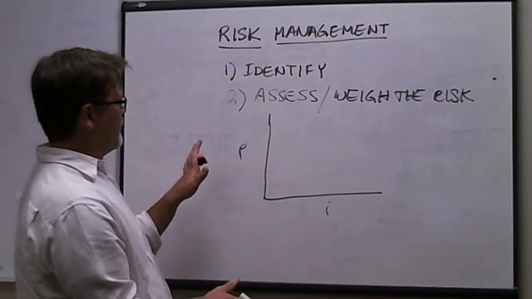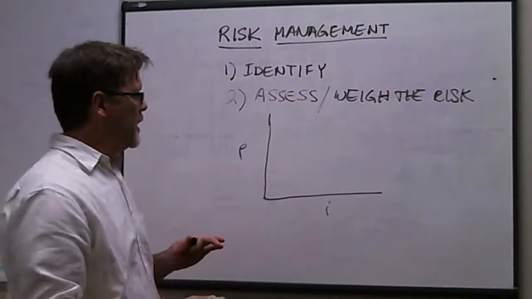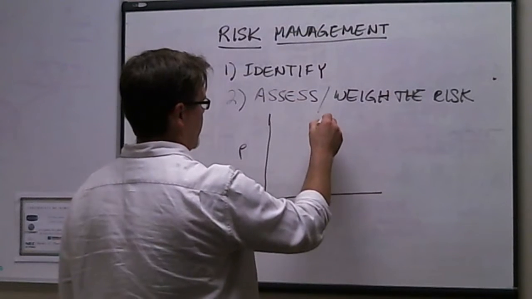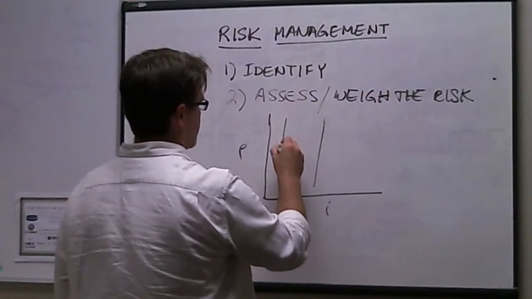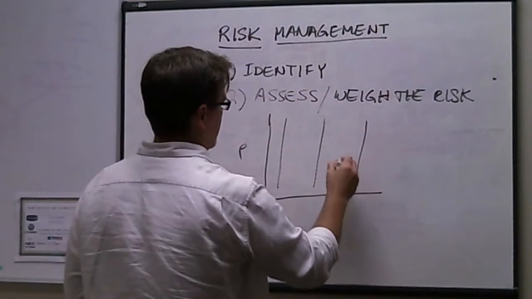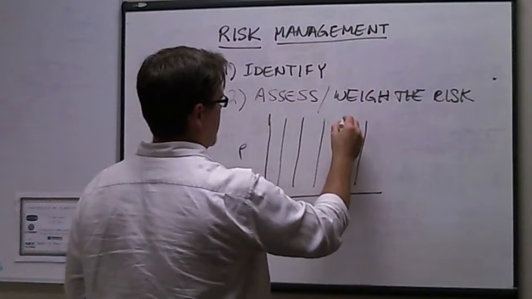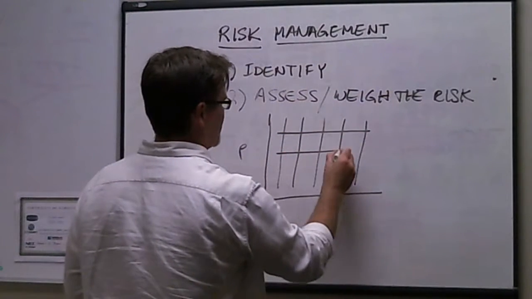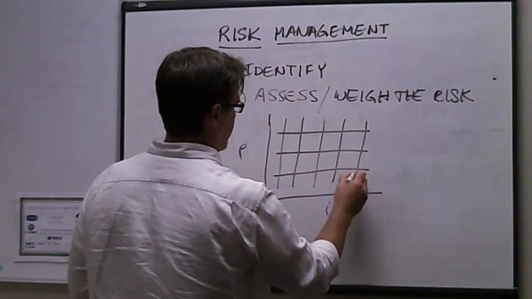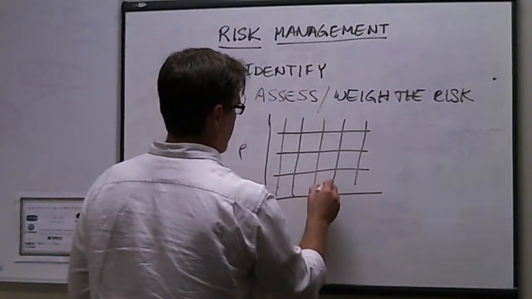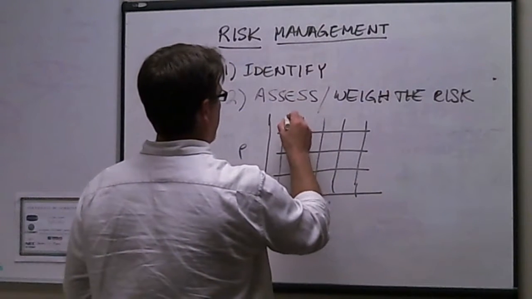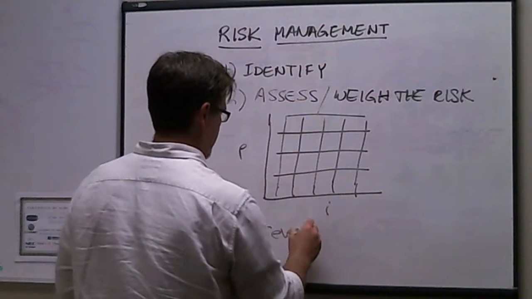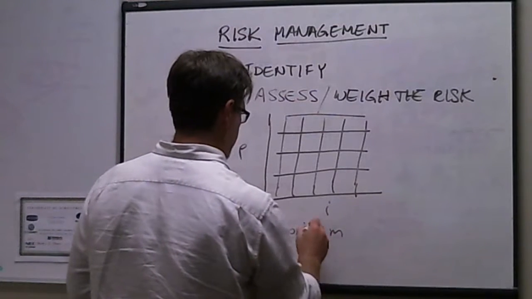So when you have probability against impact, you're going to have an identification of a number of areas that you're going to want to speak to. You can do this in a number of ways, and in this particular way I'm arbitrarily setting up quadrants of what we'll call a severity matrix.